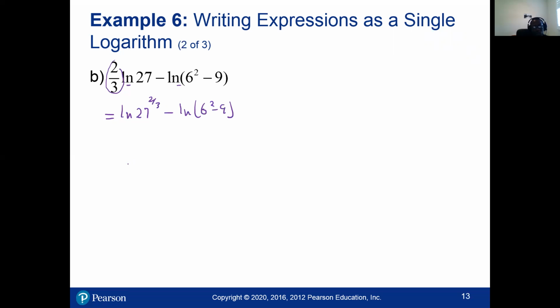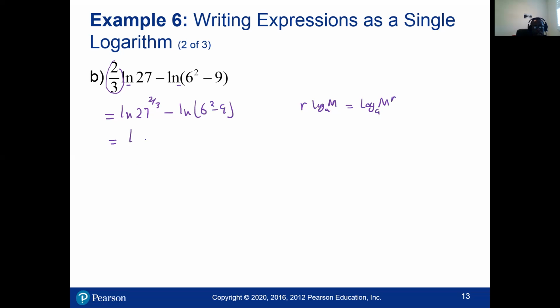Okay, so if you do that, then because it's minus, we can write as a division. So we use this property: r times log of m base a is equal to log of m raised to r base a.